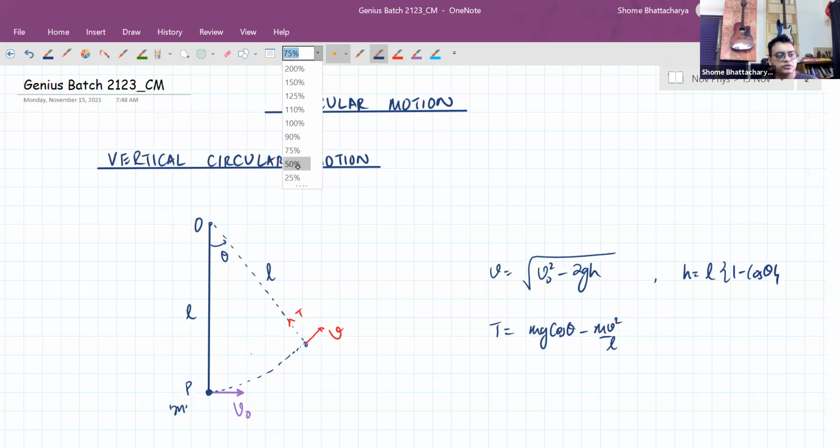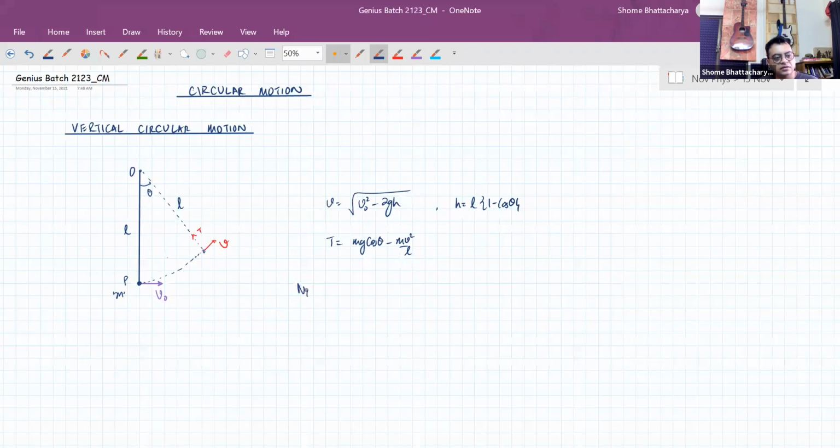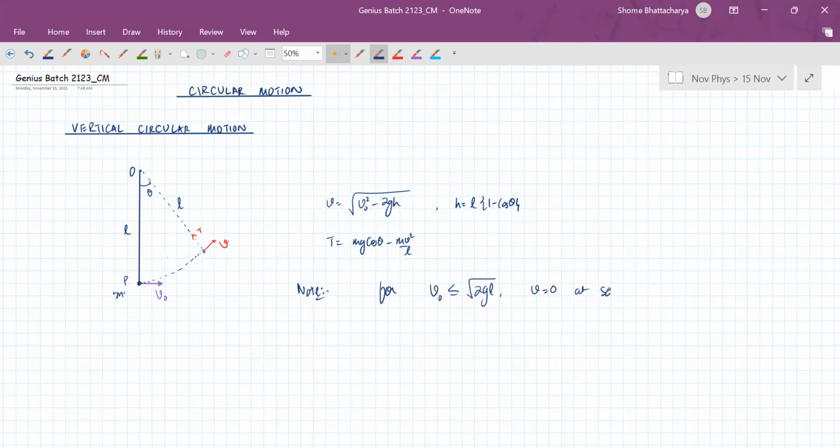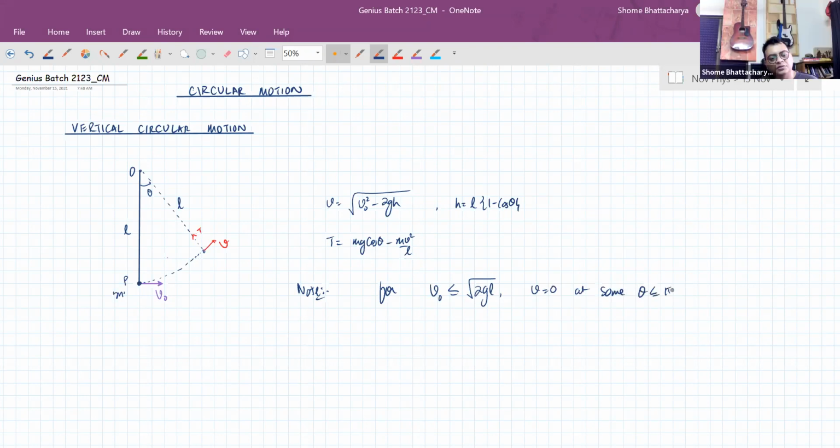So from this, you can understand that for V naught less than or equal to root 2gl, V becomes 0 at some theta less than or equal to pi by 2.